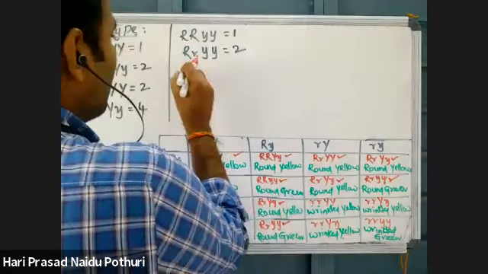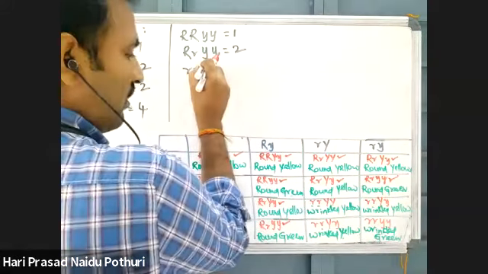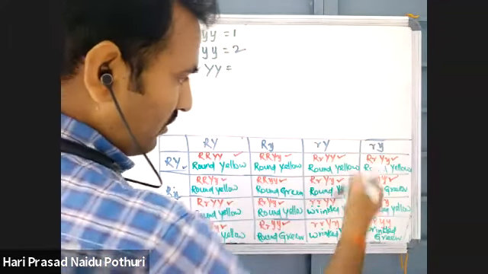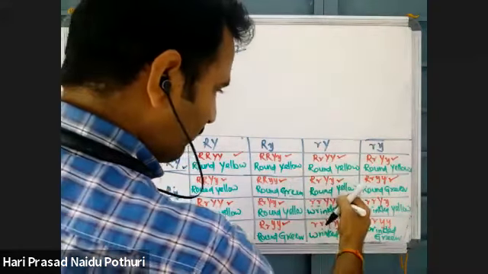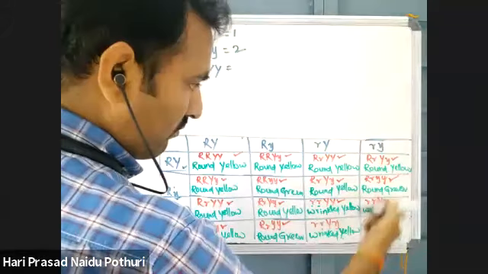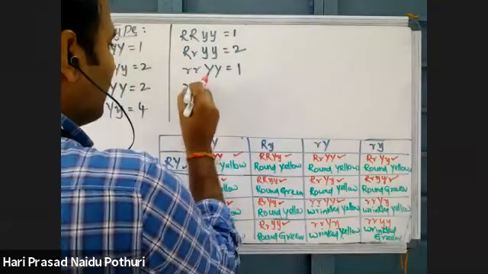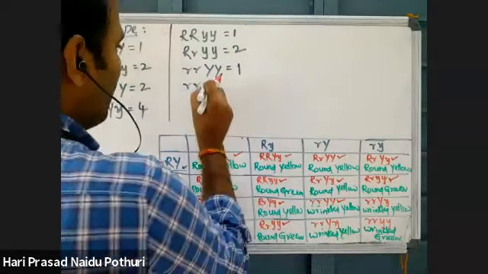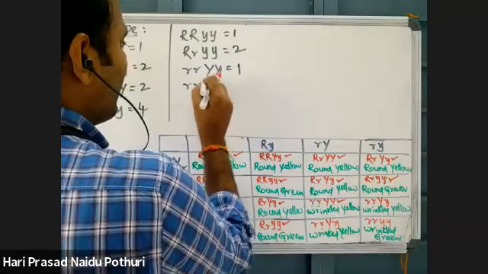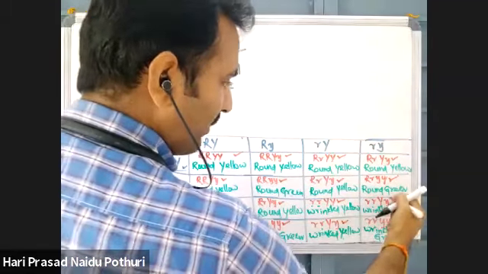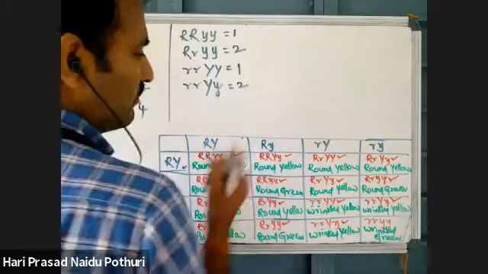Then small r, small r, capital Y, capital Y. This one, 1 is formed. Then small r, small r, capital Y, small y. 2 are formed.